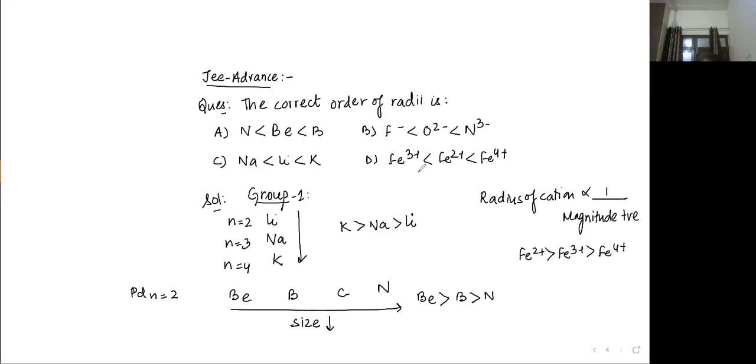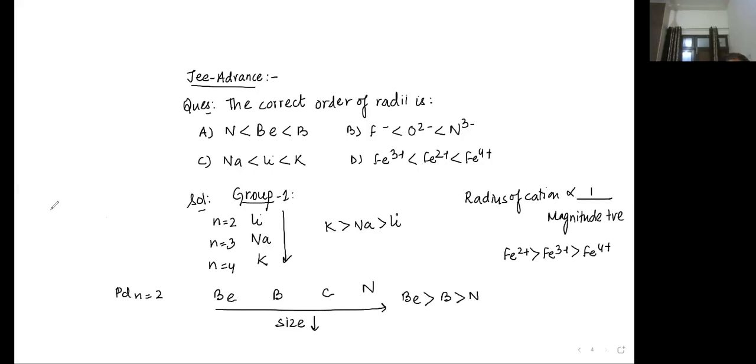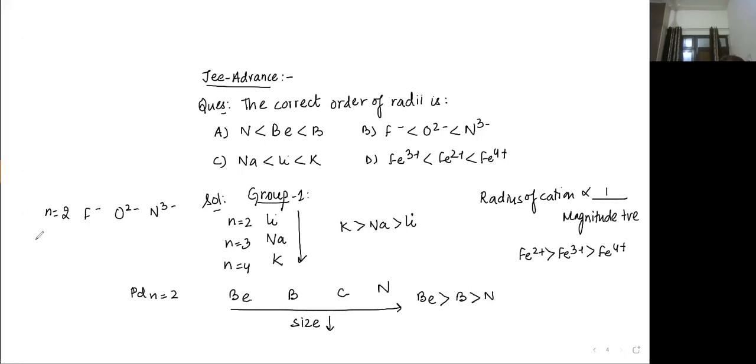Now if ions all belong to the same period, isoelectronic species, n equal to 2: F minus, O2 minus, N3 minus. So what will be the radius?